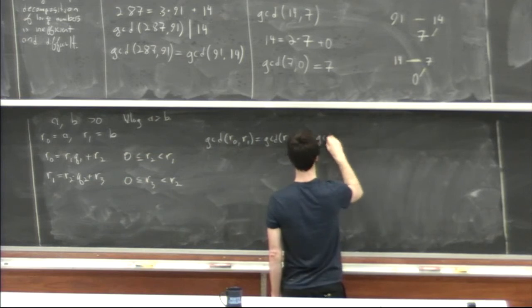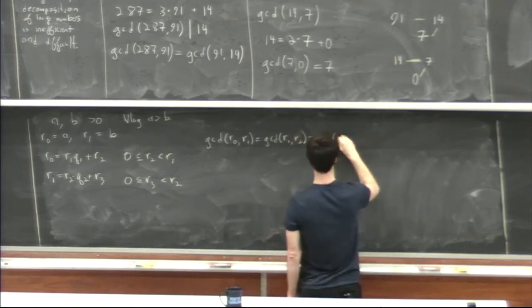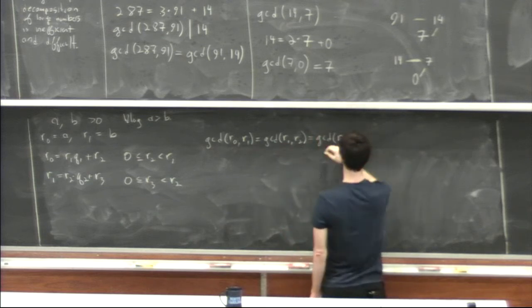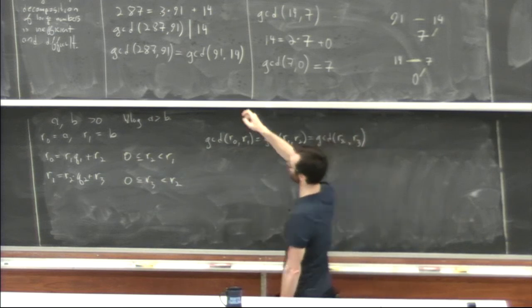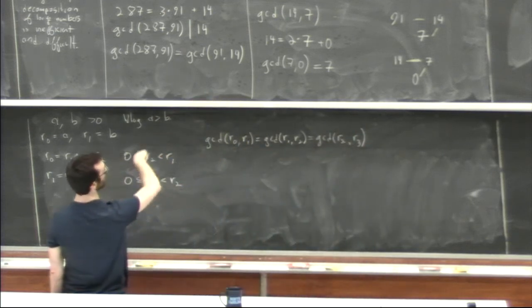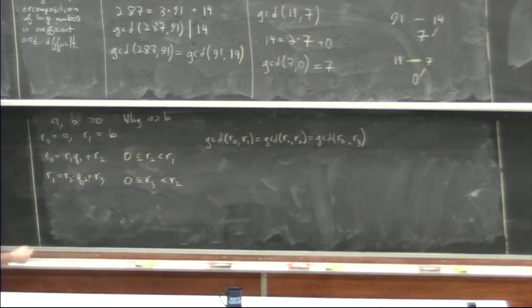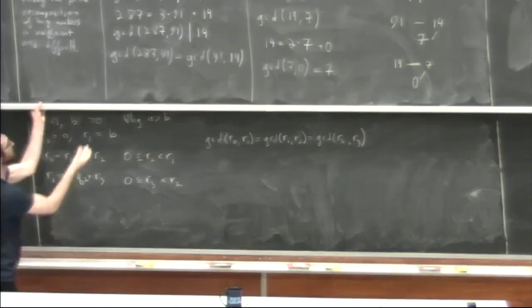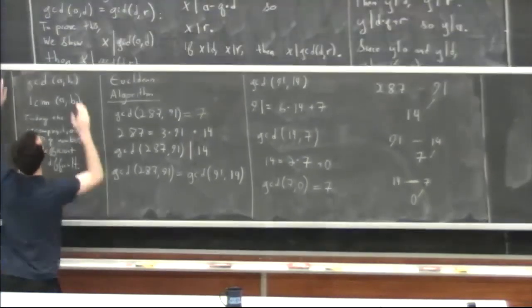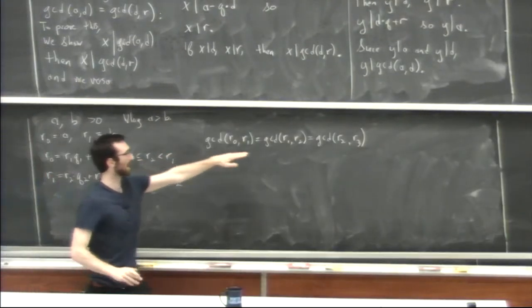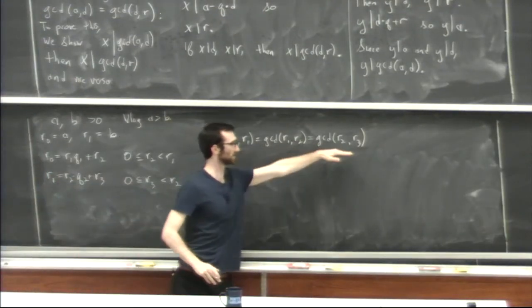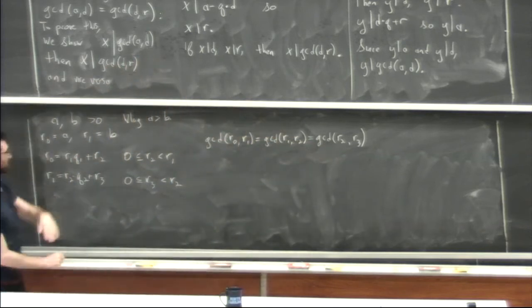Now the GCD of R1, R2 is equal to the GCD of R2, R3. This is all using the lemma that I have hidden behind this board, unfortunately. I can unhide it. This statement, when I'm setting these GCDs equal, that's just using this statement again.